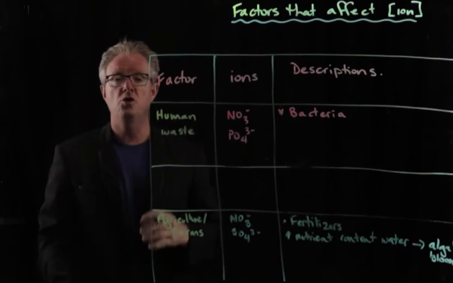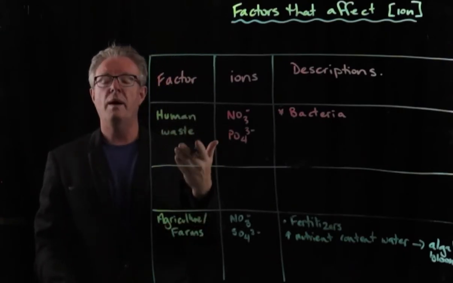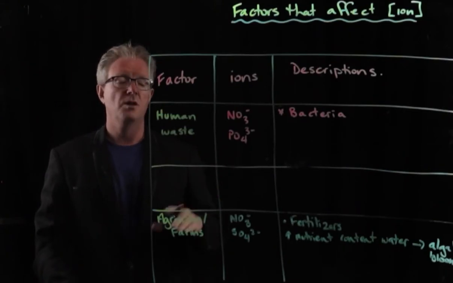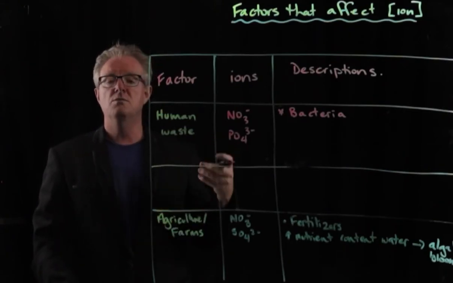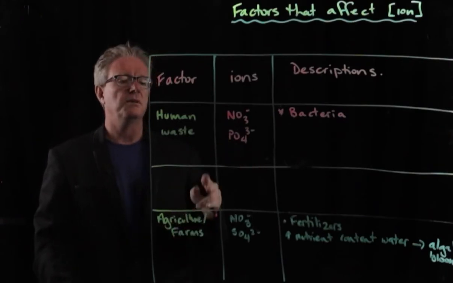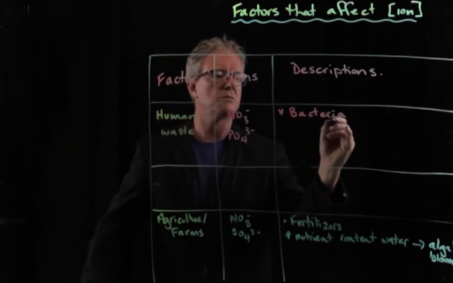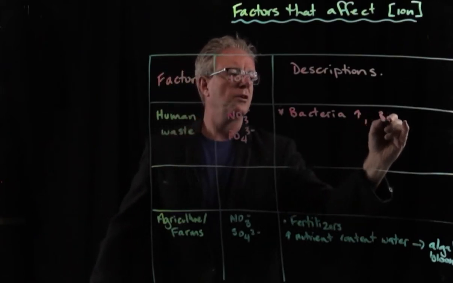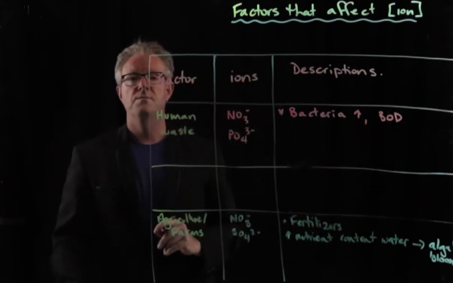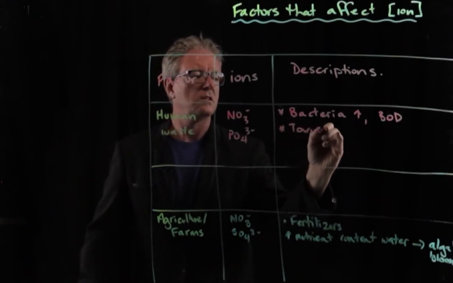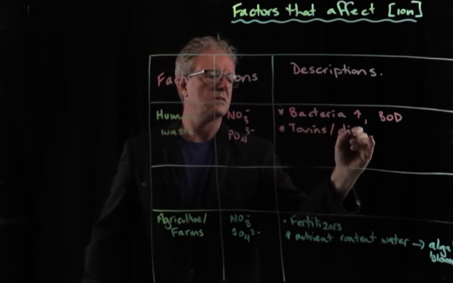Now that can be human effluent and water waste directly released into the stream, or it could be due to some type of processing that is skipping a step, for example. But human waste entering causes bacteria numbers to increase, and therefore that can increase BOD, right? And that can lead to toxins and of course disease.